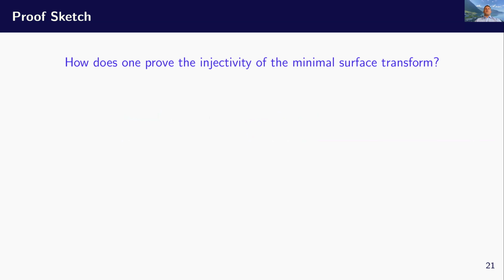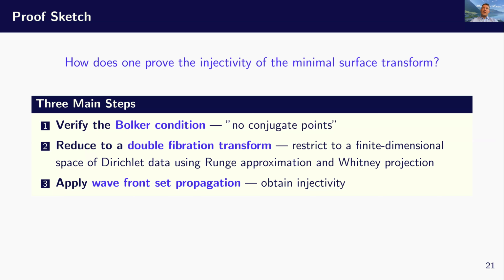Well, the approach here is the following. The first one is to verify the so-called Bolker condition. I will explain that it is sort of the analog of no conjugate points for the X-ray transformation, generalized for minimal surfaces.